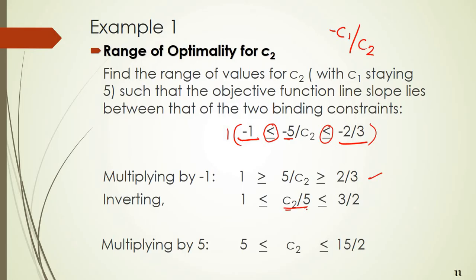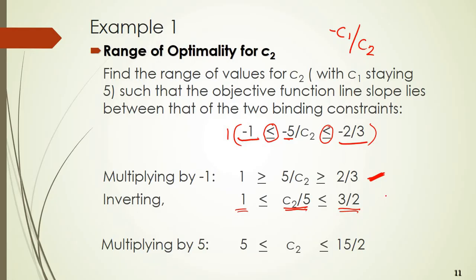If we invert this part, all of the slopes also follow. So we invert these values so that C₂ will be on the top, or fall under the numerator. And in order to cancel 5 in the denominator, we are going to multiply by 5.